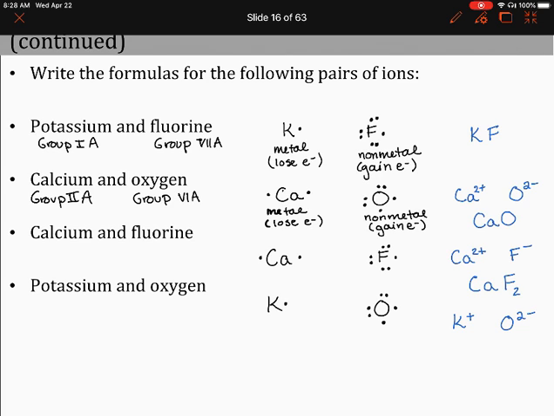So how many potassiums do we need and how many oxygens do we need to balance the charges? We need 2 potassium ions to balance the 2- charge on oxygen. So we're going to write this as K subscript 2 O.